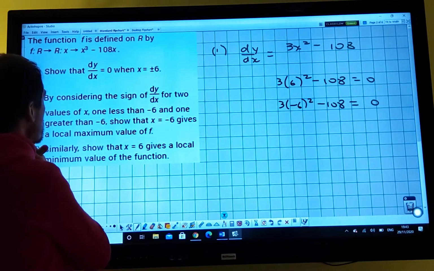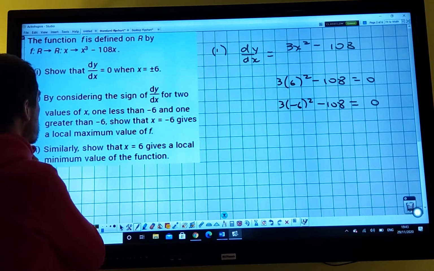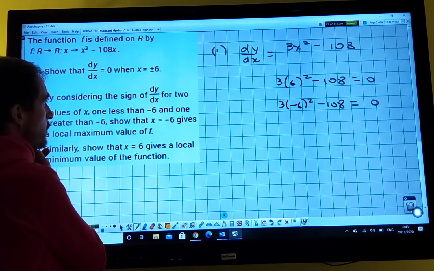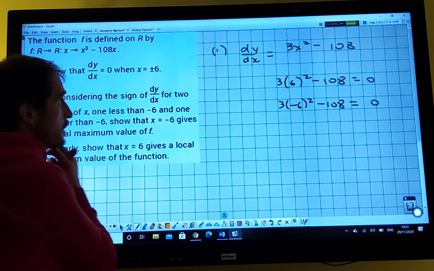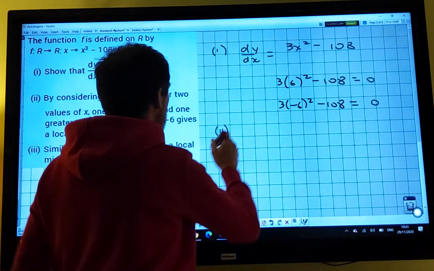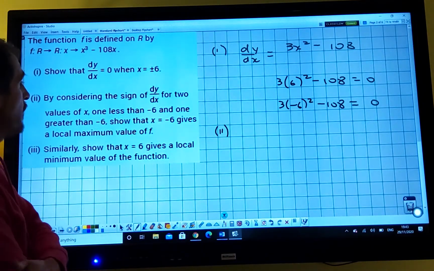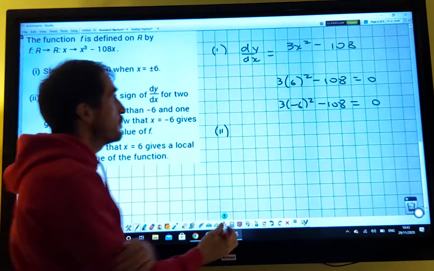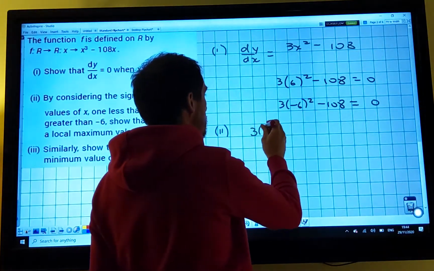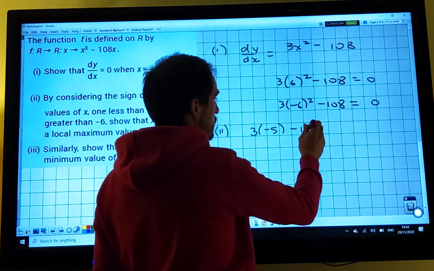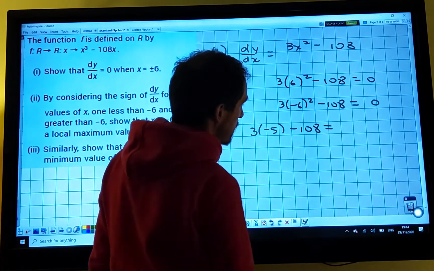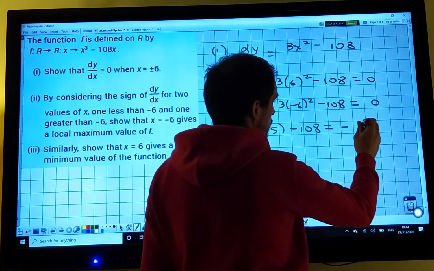Now, by considering the sign of dy/dx for two values of x, one less than minus 6 and one greater than minus 6. Okay, so at a value less than minus 6, you could pick minus 5. So if you were to do 3 times minus 5 squared minus 108, that's going to be equal to minus 33.